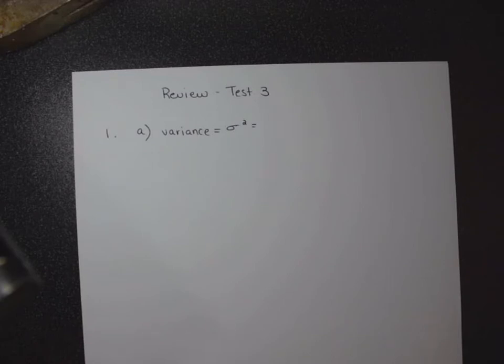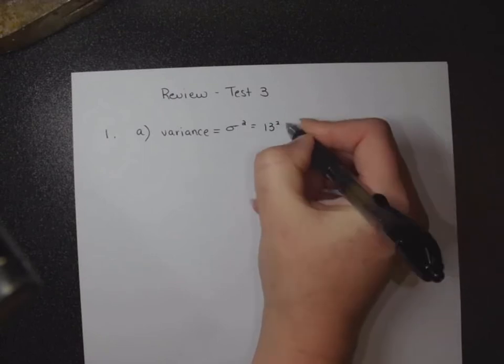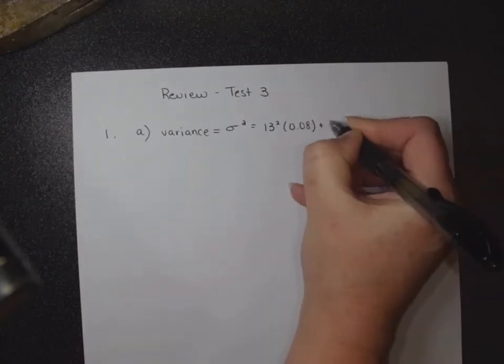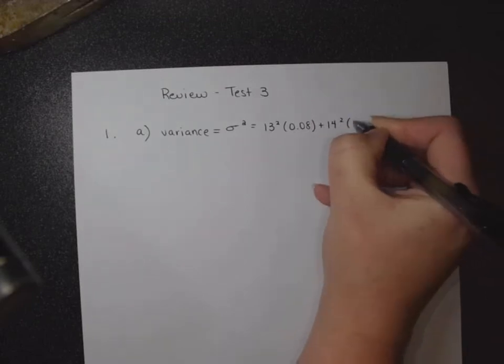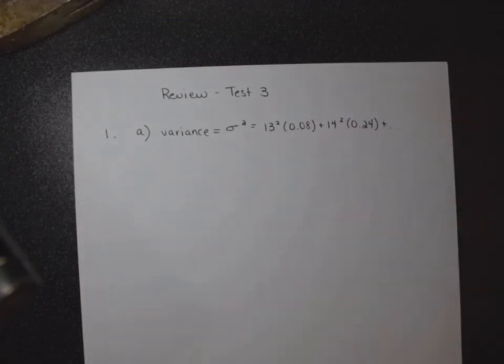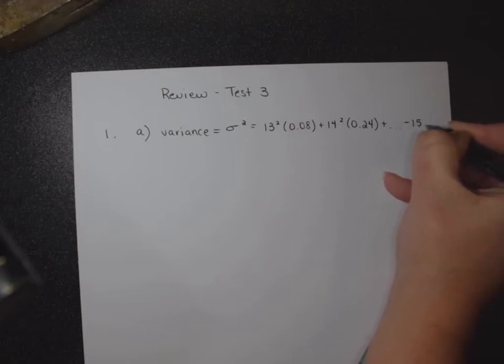For number 1, notice we have a table. So you take value 1 squared times its probability plus the next value squared times its probability. Okay, and then I'm just going to be lazy here and say do that for all of them. Once you're done with all of them, you subtract off the mean squared.